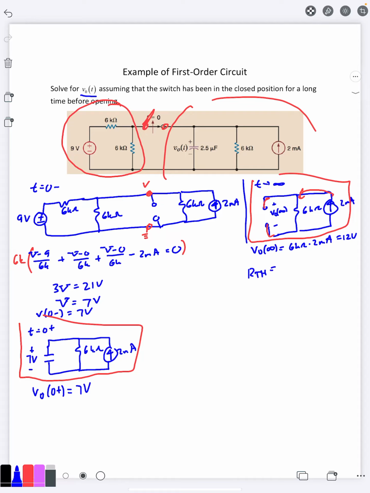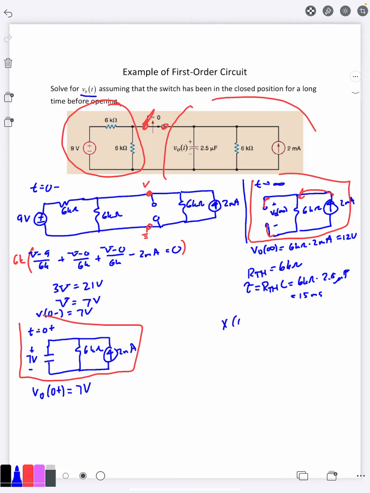So R Thevenin is just 6 kiloohms, which means my time constant, which is R Thevenin C, is going to be 6 kiloohms times the capacitor, which in this case is a 2.5 microfarads capacitor. And so that's going to be a 15 millisecond time constant.